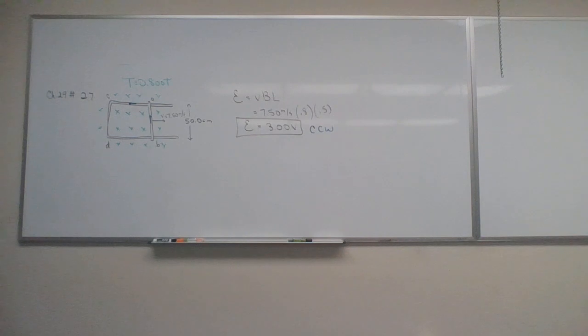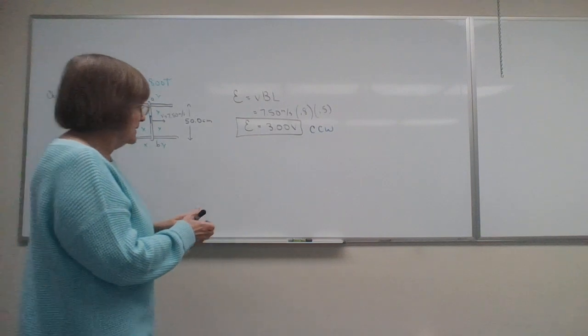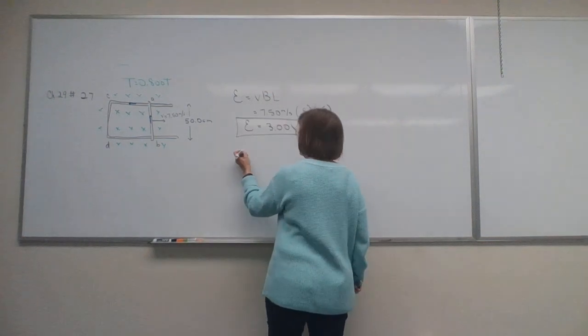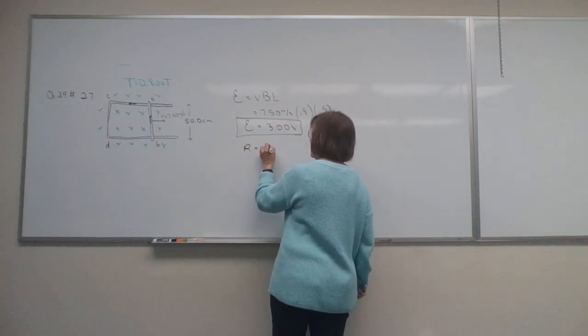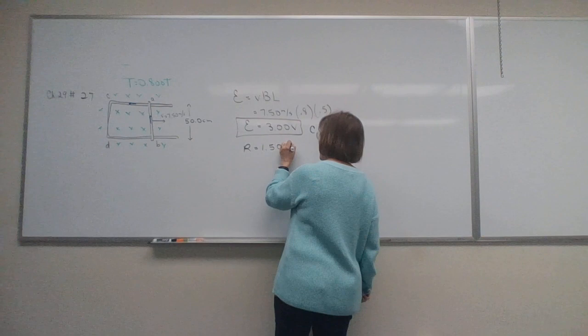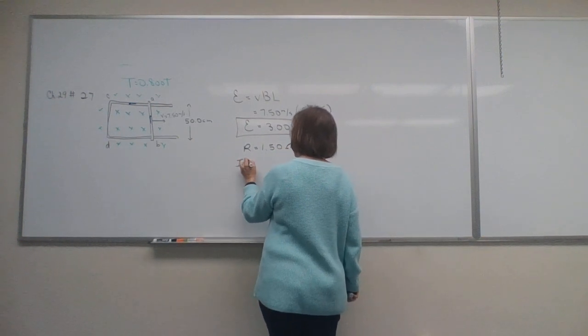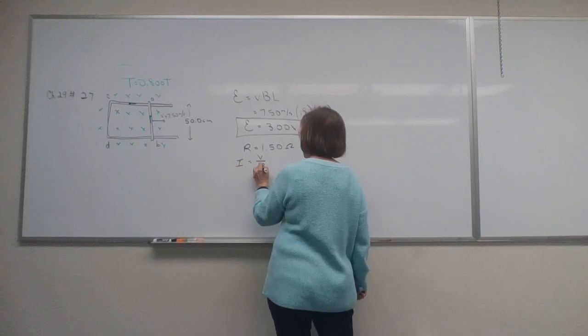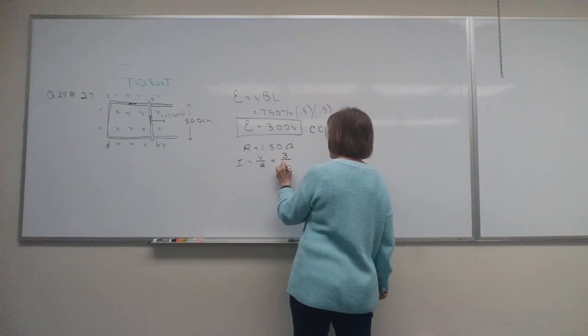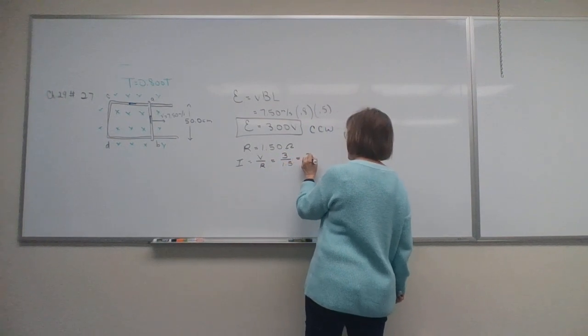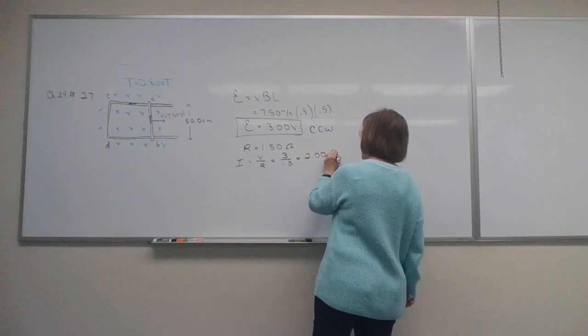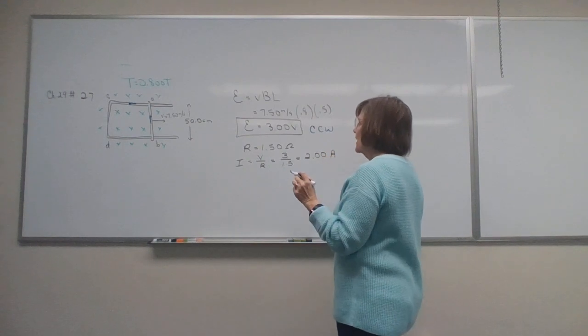So they're telling us we have 1.5 ohms of resistance. Well, current is voltage over resistance. 3 over 1.5 is 2 amps. So we've got 2 amps of current flowing through this.